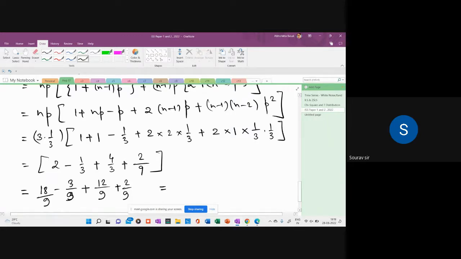So ultimately we have 18 plus 12 plus 2 minus 3 by 9. That is actually giving me a value, 18 plus 12 is 29 by 9.